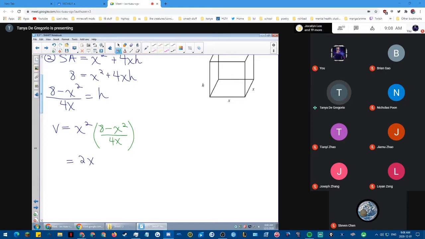And then minus x to the 4 divided by x gives me x cubed and over 4, yes? So 1 over 4. Now I'm ready to take the derivative.